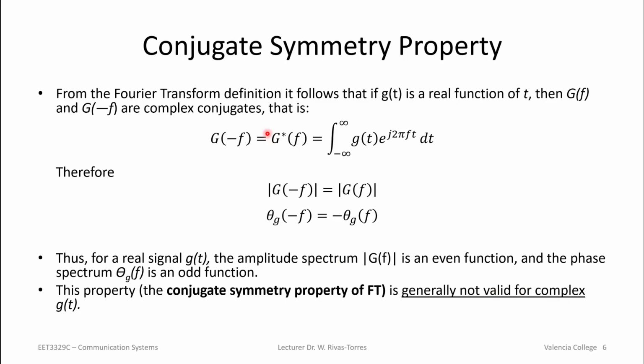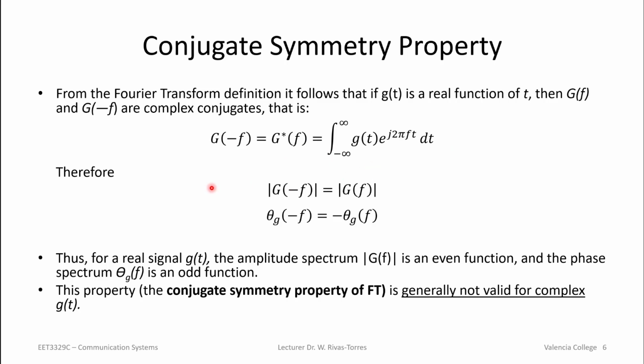In our case, it's like negating the frequency. What we're saying is that taking the Fourier transform at minus f is the same as taking the conjugate of the Fourier transform.